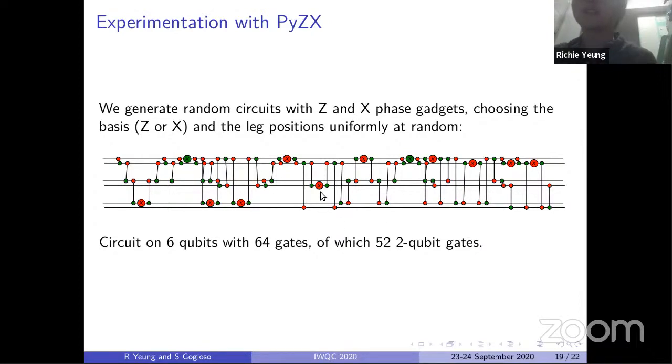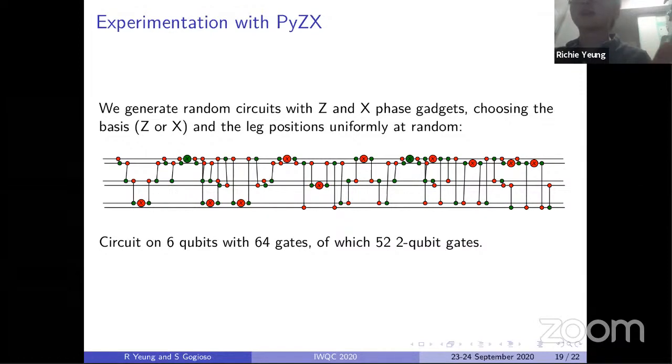So here we have a circuit made of CNOTs and X and Z rotations, and you can tell they are actually phase gadgets. So here you have this kind of ladder approach. If you squint, you can tell that these are the circuits we're interested in. And this is the original circuit with 64 gates.